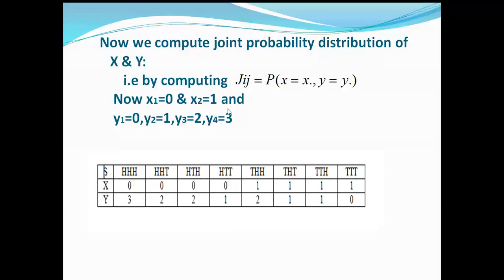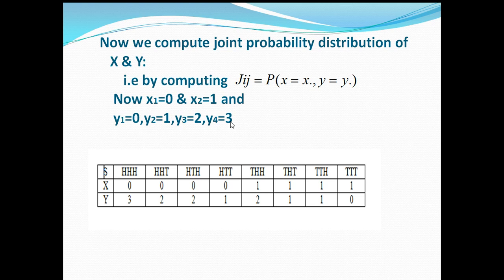So let me take x1 is equal to 0 and x2 is equal to 1, and y takes the value 0, 1, 2, 3, and I name them y1 is equal to 0, y2 is equal to 1, y3 is equal to 2, and y4 is equal to 3.